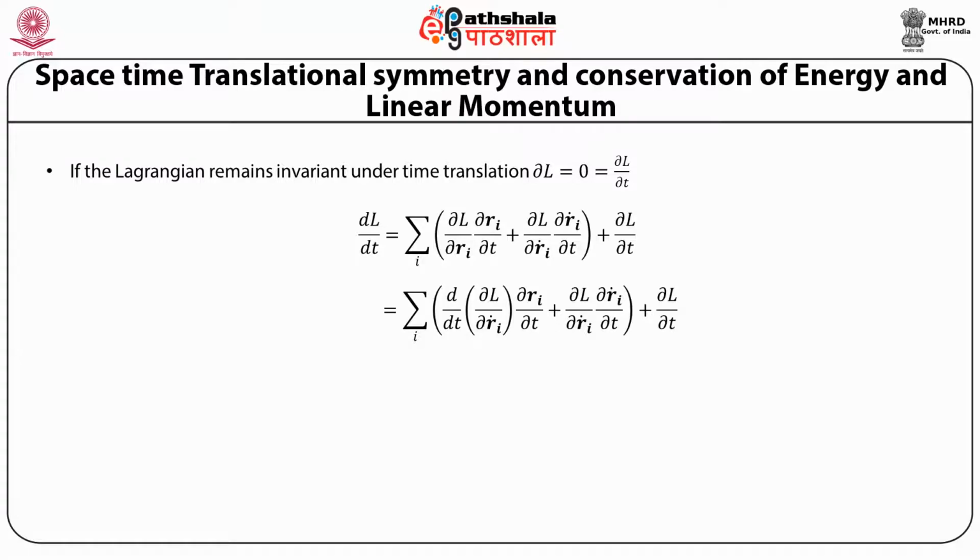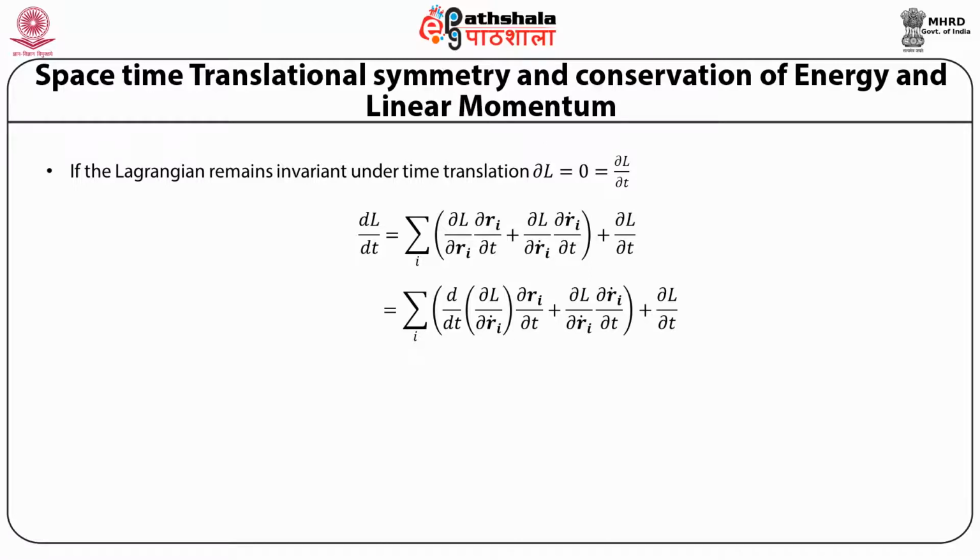Now the total derivative of L with respect to t is given in terms of the chain rule, since L is a function of the coordinates and the velocities. So dL/dt is the sum over i of ∂L/∂r_i times dr_i/dt, plus ∂L/∂ṙ_i times dṙ_i/dt, plus the partial derivative of L with respect to t if it depends explicitly on time.